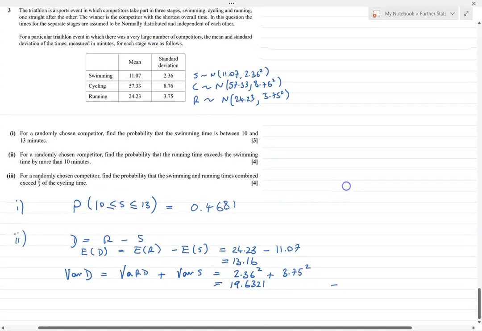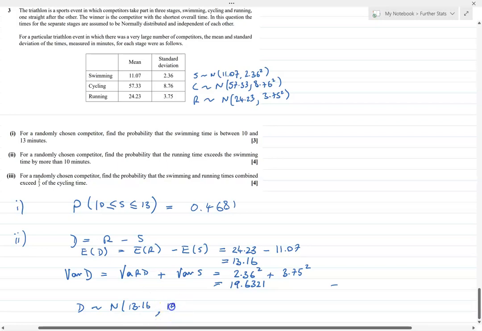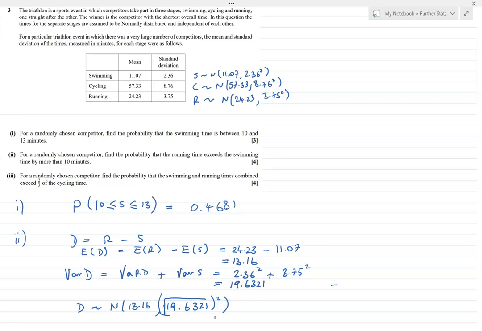So we can say that the standard deviation D is normally distributed with mean 13.16 and standard deviation the square root of 19.6321. Sometimes I write it like that to emphasize the fact that the standard deviation is the square root of the variance.